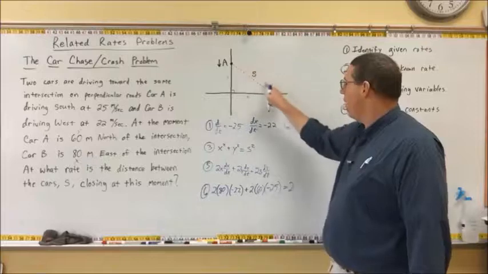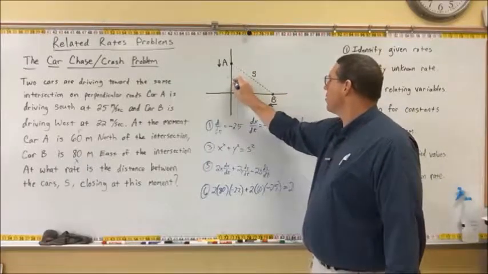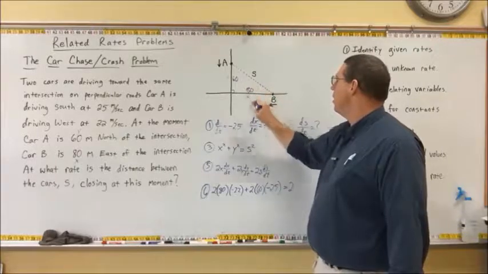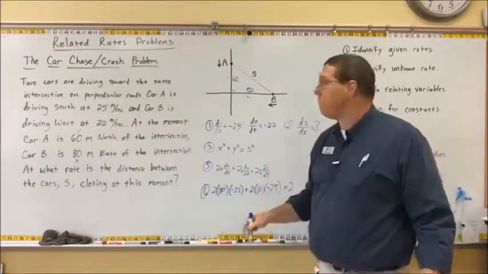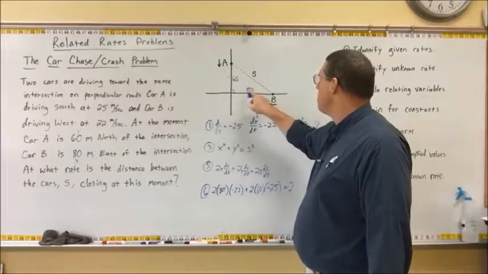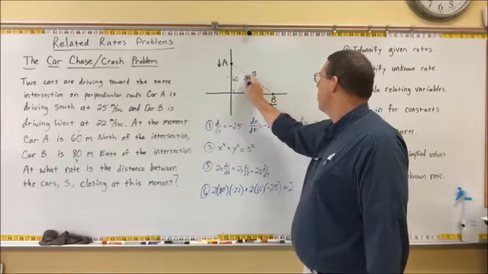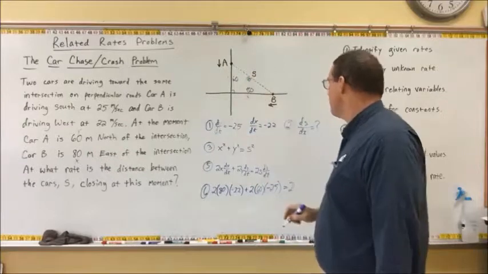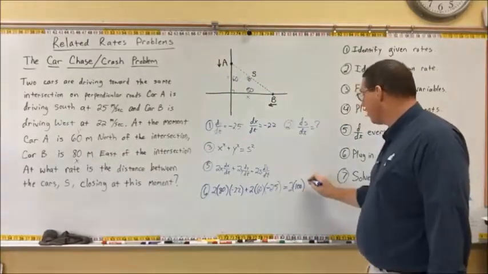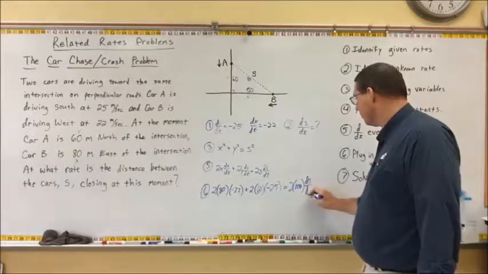Now, s is the hypotenuse. Well, if y is 60 at that moment and x is 80 at that moment, then by the Pythagorean theorem, s must be, let's see, 3 times 20, 4 times 20, so 5 times 20, that's 100. So s must be 100. So we'll put 100 in for s, and then we'll put ds/dt on here.